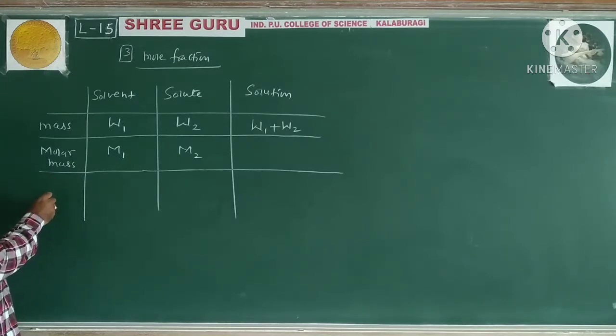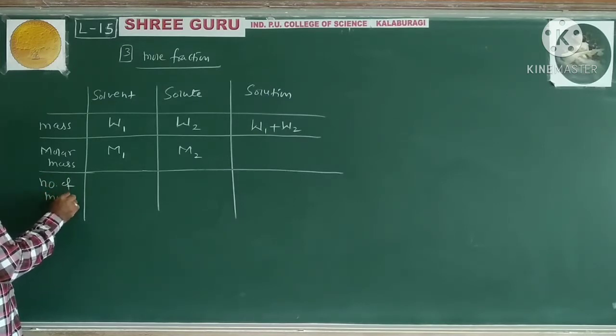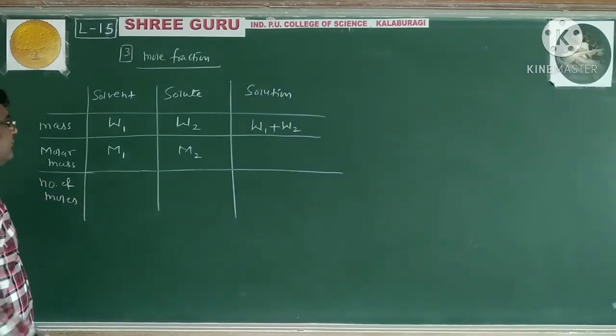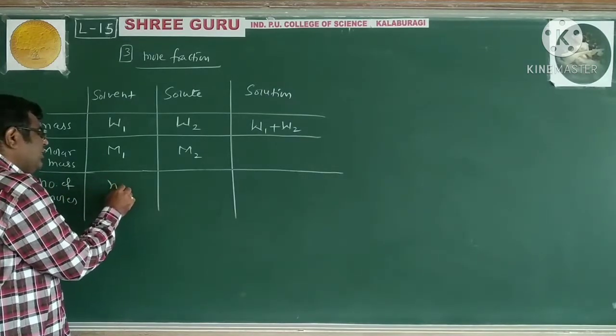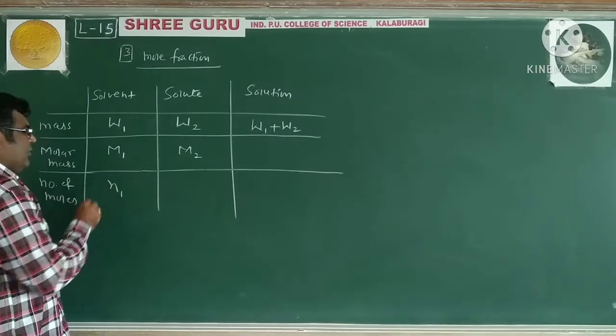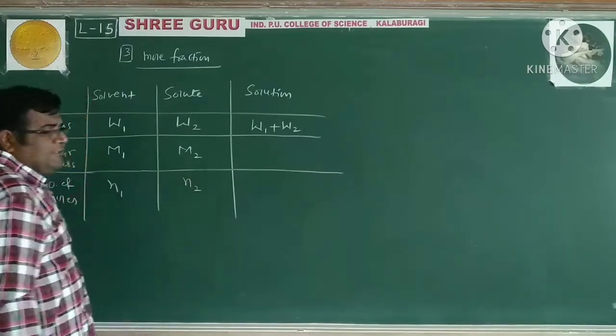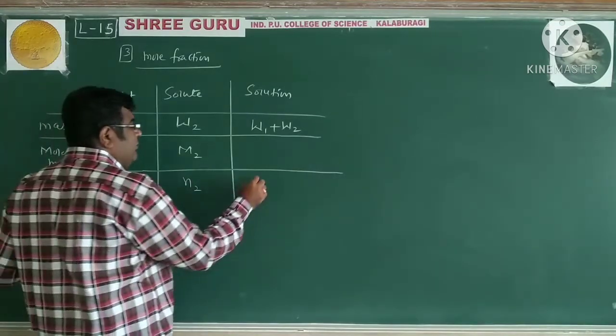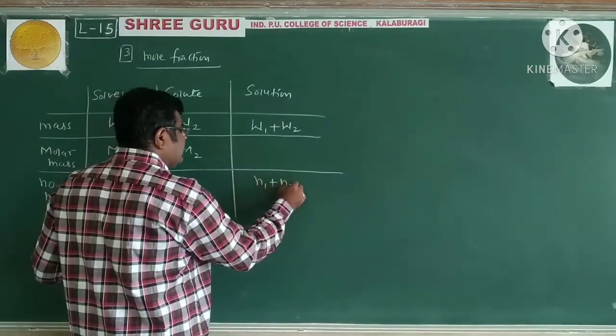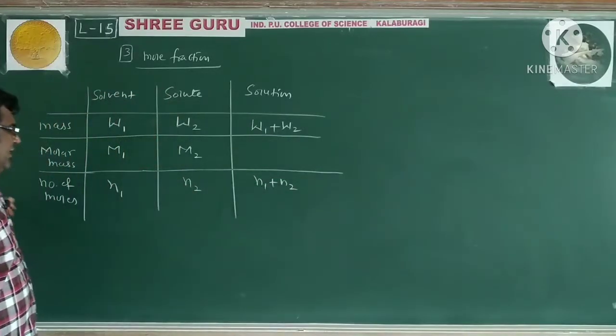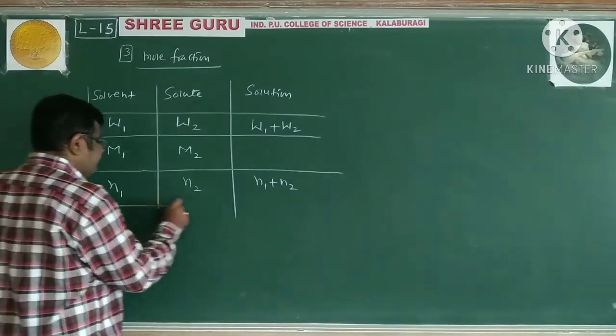Then we can say number of moles, we write it as small n, and it is solvent, so n1. Small n2 for solute, and total number of moles of solution is n1 plus n2.